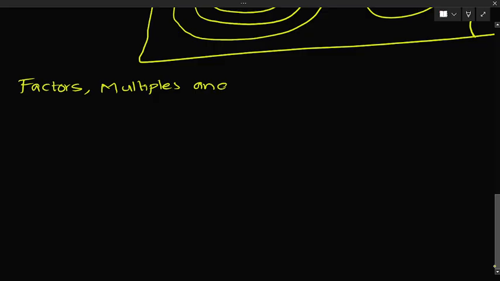And prime numbers, this is the new concept in this introduction. So firstly, what do you mean by factor? Factors are the numbers that divide another number exactly.